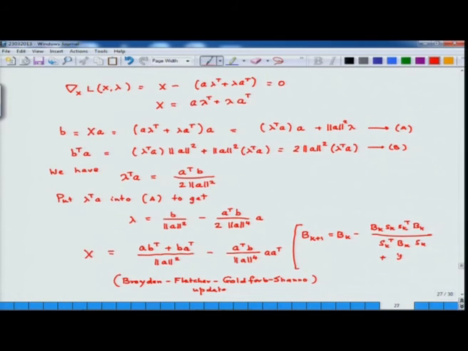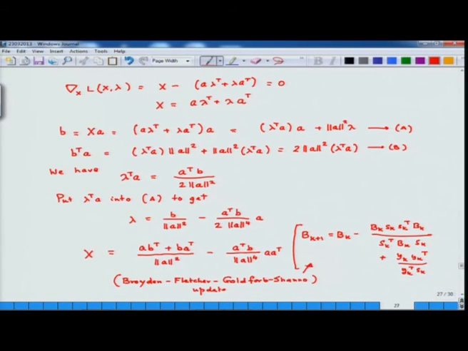So, here comes your AA transpose. Right. So, this is your BFGS update.